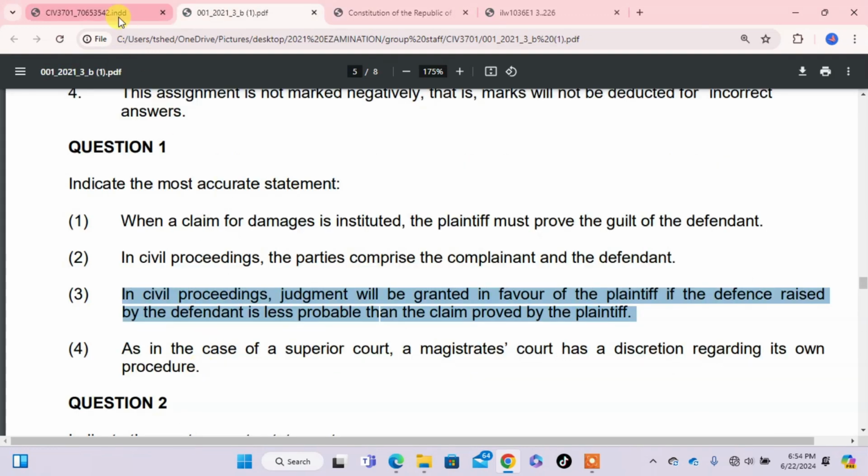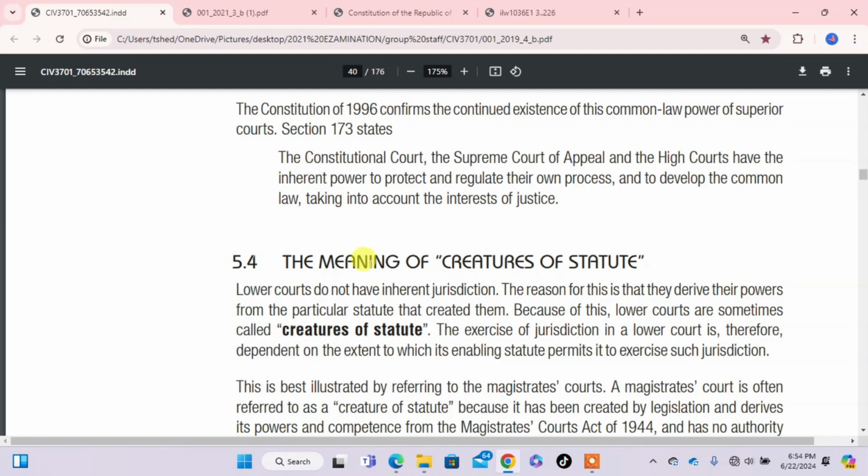Why? Because magistrate courts are creatures of statute. When they exercise jurisdiction in the lower courts, they depend on the extent to which their enabling statute permits them to exercise such jurisdiction.